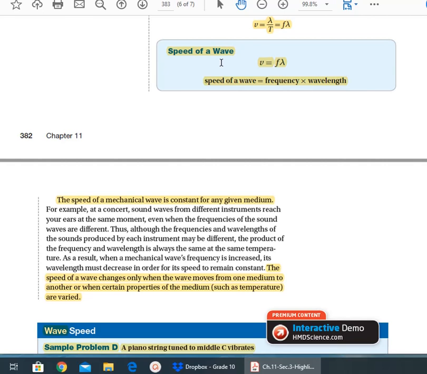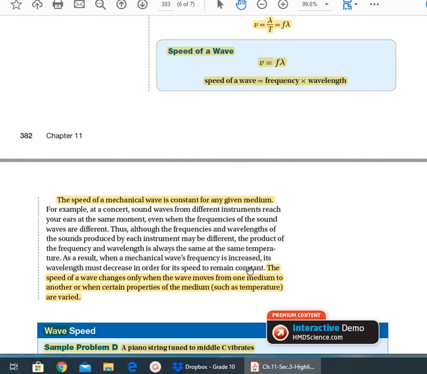That means whatever the sound source, the sound produced by those sources will have the same speed regardless of the frequency or the wavelength of the source, because at the end they will be multiplied by each other. So if a source has greater frequency, it will have a low wavelength, to give the same product as one that has lower frequency but greater wavelength.